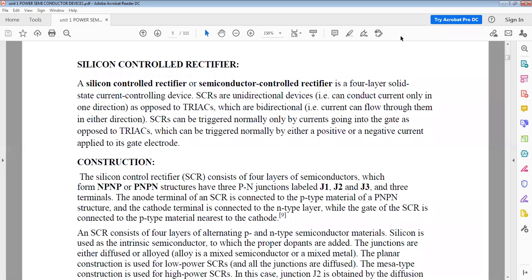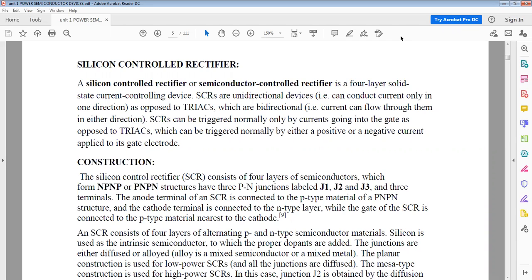Now we'll go for the silicon control rectifier, that is SCR. The full form of SCR is silicon controlled rectifier, or semiconductor controlled rectifier, a 4-layer solid state current controlling device.